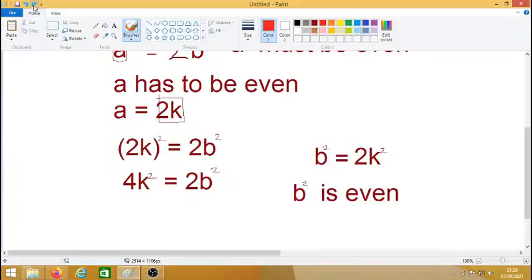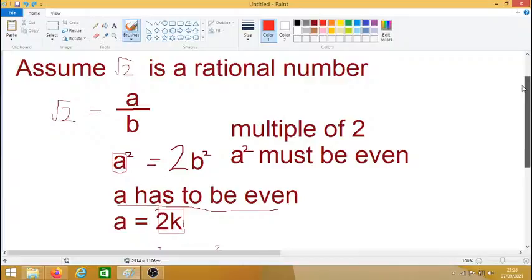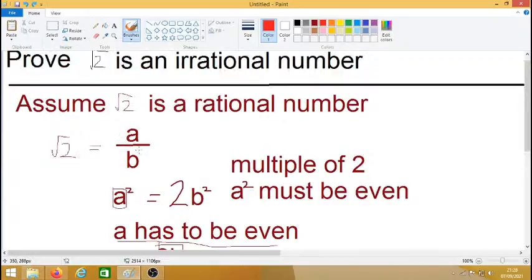A square number being even can only happen if the number that we started with is even, from the previous proof. So now we've shown that a is even, b is even, and if we go back right to the beginning, if we have a fraction with an even number on the top and the bottom, that means it can be simplified. But a rational number has to be written as a fraction that can't be simplified.